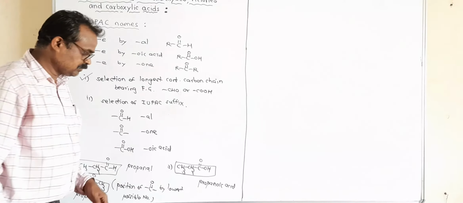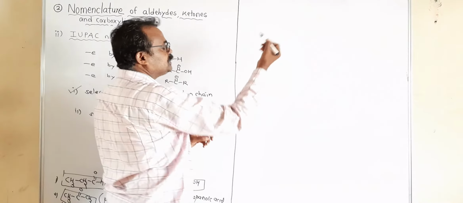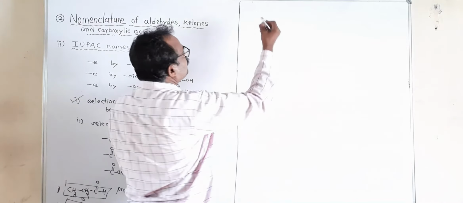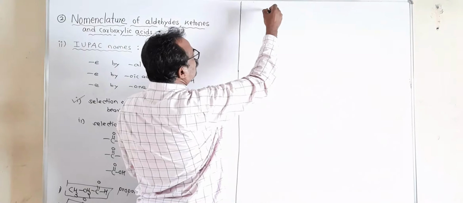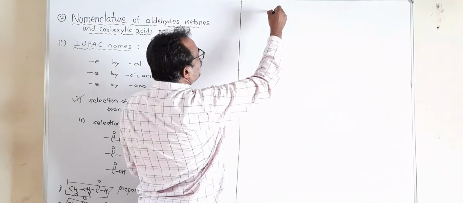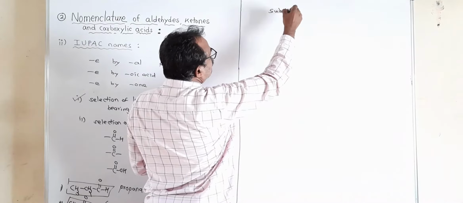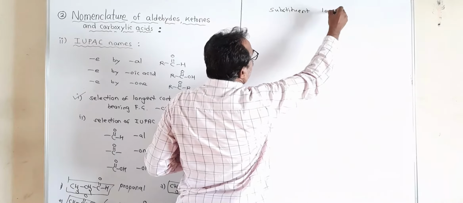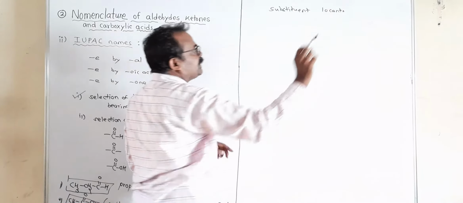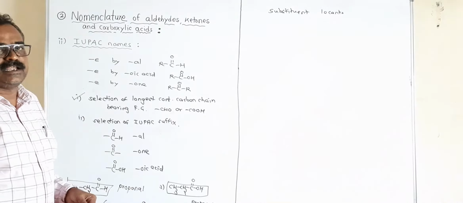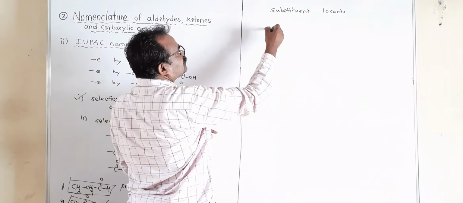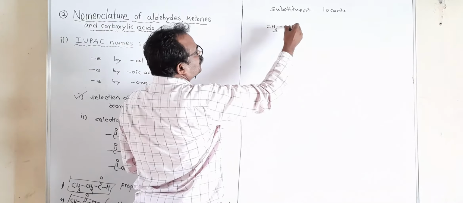We take some more examples in which substitution occurs. So include the name of the substituent and its locants when you are writing the IUPAC names of substituted aldehydes, carboxylic acids or ketones.